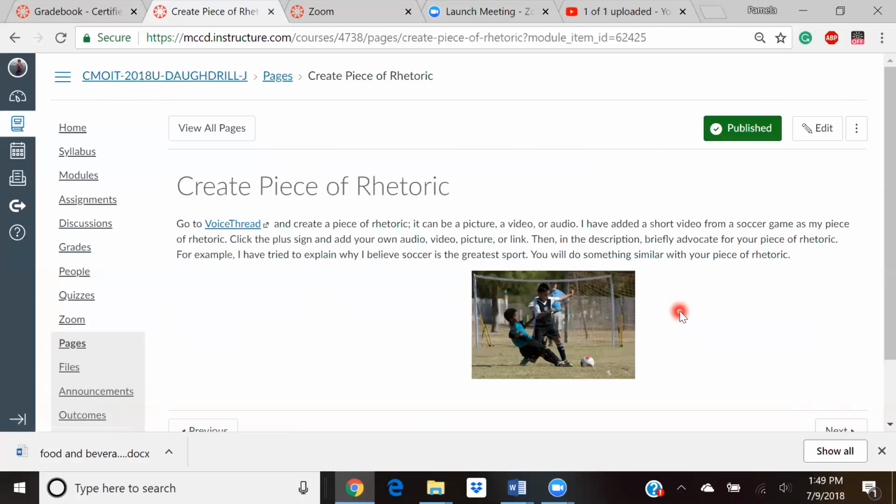I can't remember, but maybe in week 1 you taught them how to use VoiceThread. You might just have a page that's VoiceThread directions, and you could just link to that, because they may not remember. And backtracking is very hard to do in Canvas, to go back and find something.